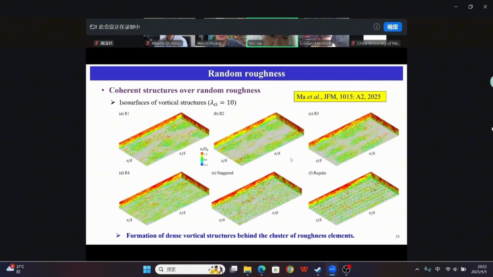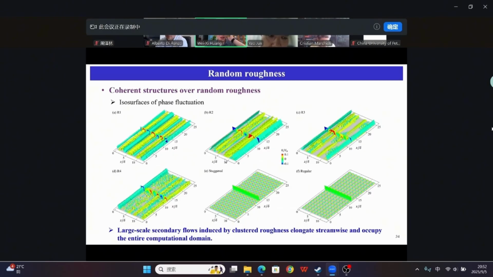Do you get the working mechanism of this secondary flow in the rough wall case? The mechanism is that in the span-wise direction, there is non-uniformity of the wall no-slip condition, so it will induce the secondary flow.